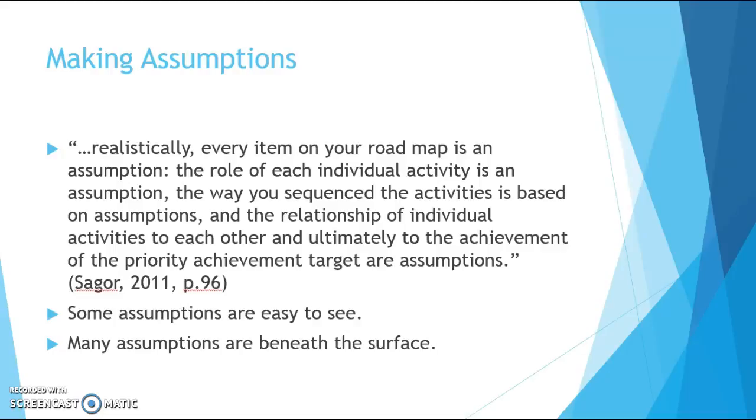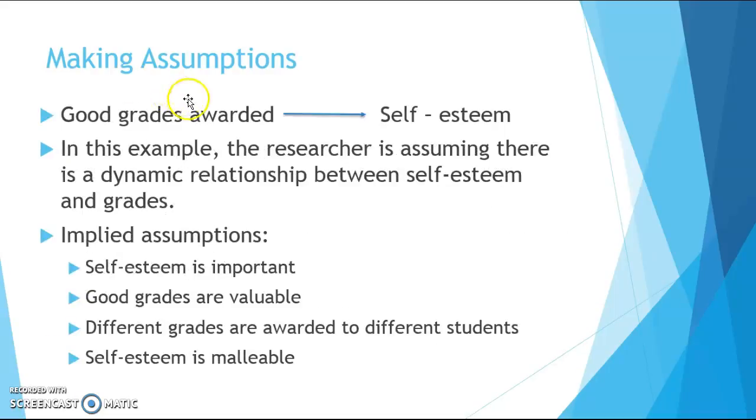So the example that he gives in the text, they use the idea that we're researching good grades awarded helps a student's self-esteem. So we want to research the correlation between good grades and self-esteem. So in this example, there's the obvious assumption that there's the positive correlation, and so we're going to research that. But some of the implied assumptions for this example would be that self-esteem is important.